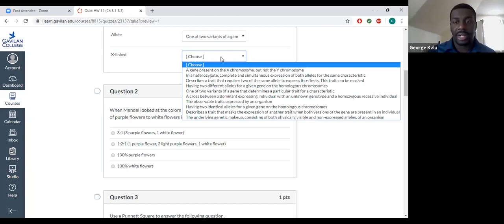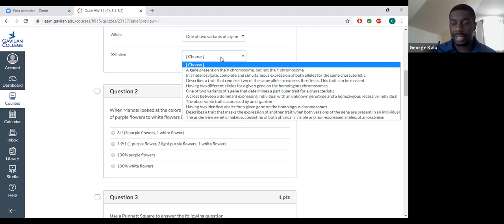All right, and then the last one is X-linked. Okay, so what does it mean for something to be X-linked? What do we think here?